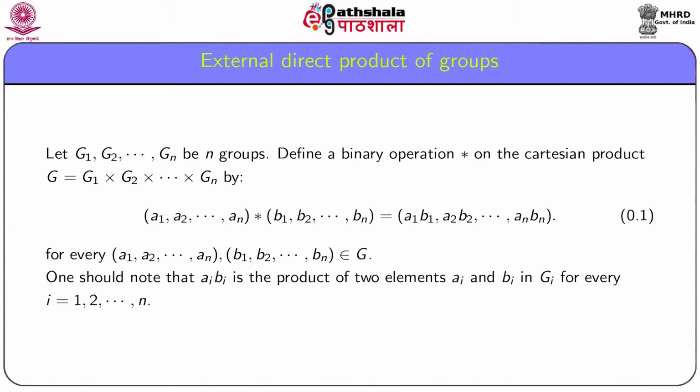Here a1 into b1 means the product of a1 and b1 in G1, and a2 into b2 means they are related by the binary operation considered in G2, and similarly for an into bn.